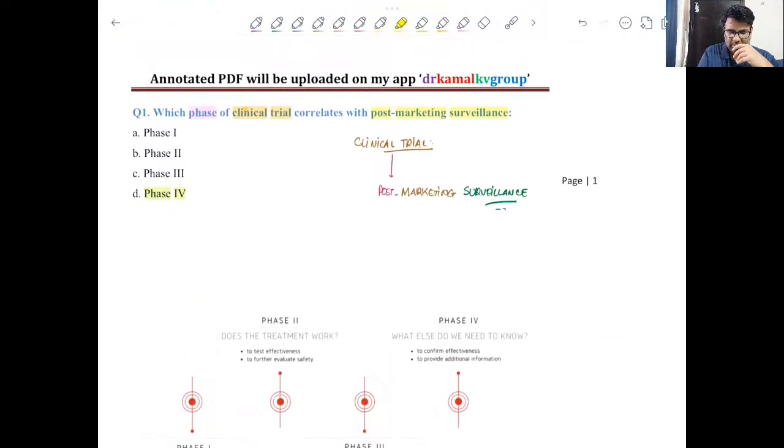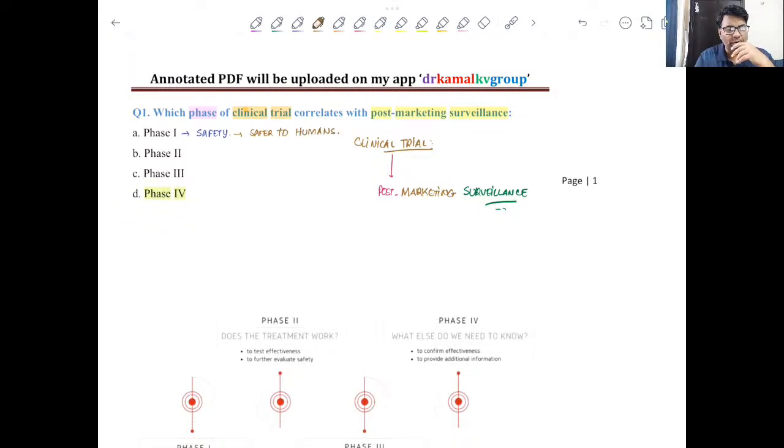Phase 1 is about the safety of the drug which we are planning to introduce. The very first thing is that the drug should be safe for humans.